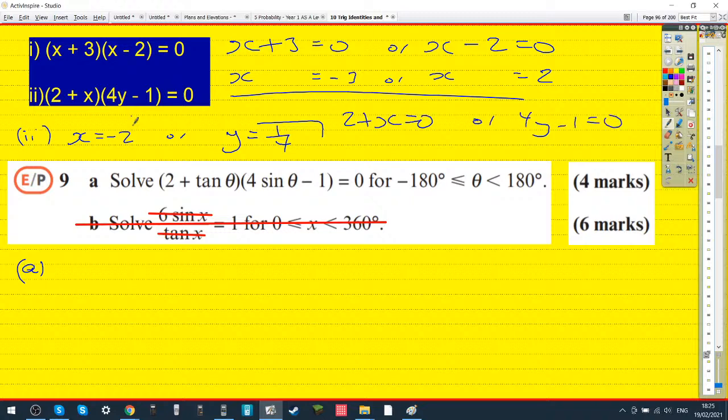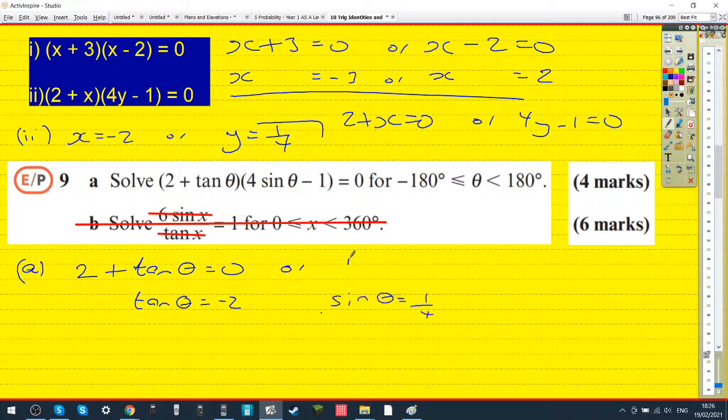Same thing with these two. So tan theta equals minus 2, or sine theta equals a quarter.